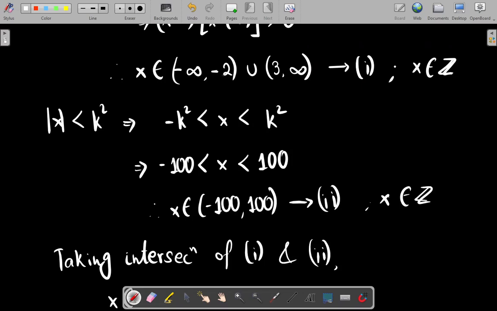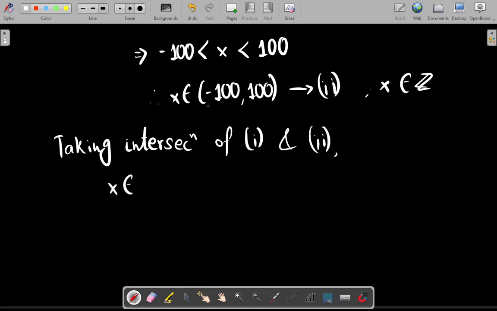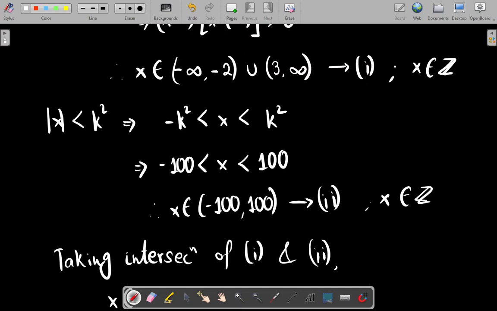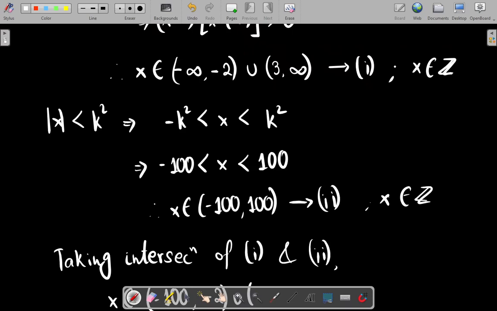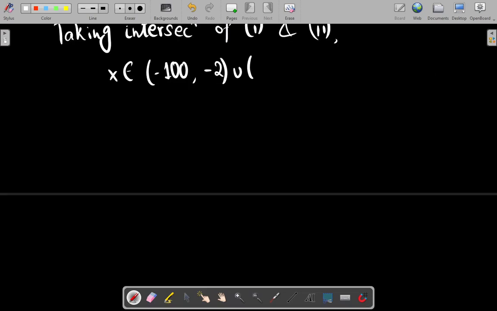But here it is given that the solution ranges between −100 and 100. So for the negative bound, this goes from −100 up to −2, and similarly for the positive bound, it starts at 3 and goes up to 100. Again, x has to be an integer here. So this is the total solution set.